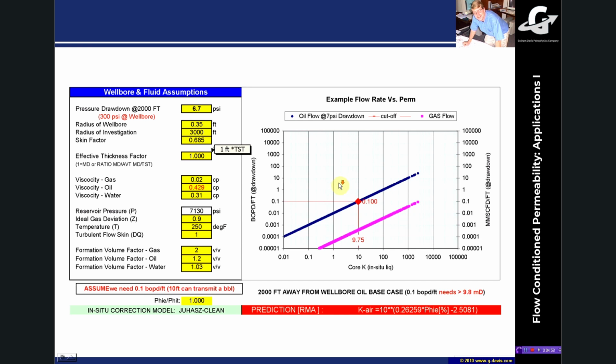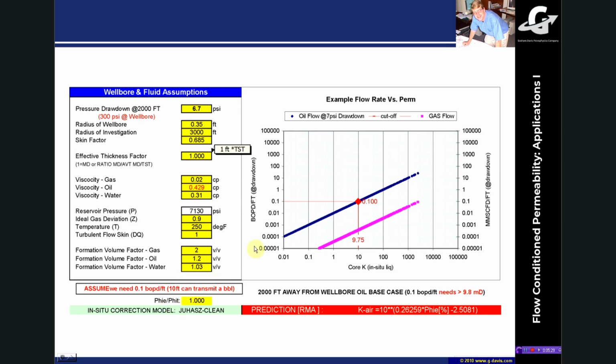Okay, so if we need 0.1 barrel per foot per day, let's just make an arbitrary cutoff, say I'm only interested in oil if it flows at 0.1 barrel per foot per day. What should we be considering? So we've got 10 foot of rock that could transmit a barrel of oil, and out here in the reservoir we'd need 9.5, nearly 10 millidarcies for the reservoir rock at this drawdown to be able to flow at this pseudo-commercial limit.